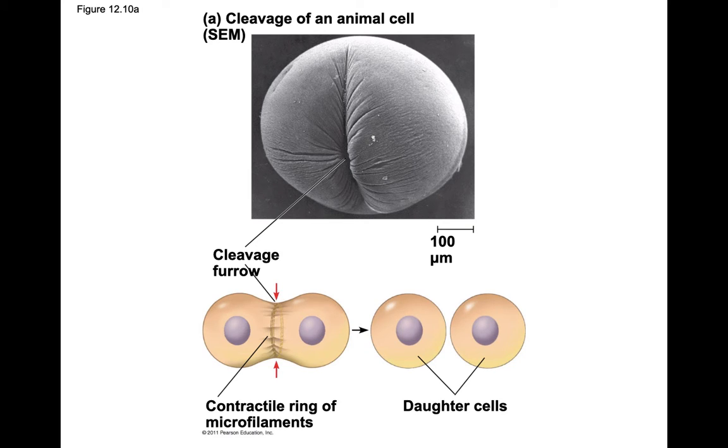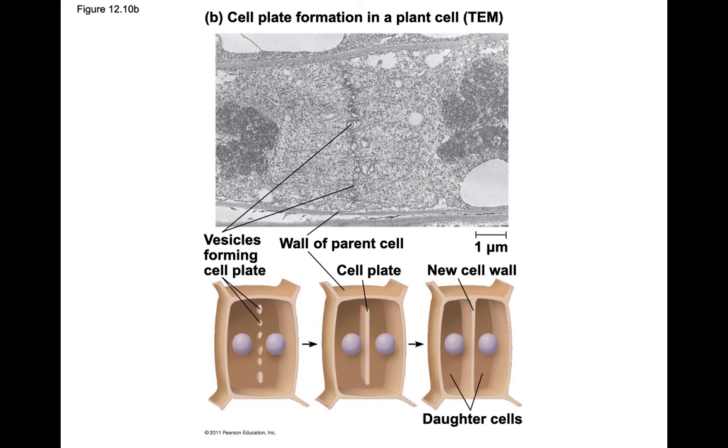This is what a cleavage furrow of a cell looks like, and this is due to a thin band of actin and microfilaments, so proteins sort of squeezing the two sides of the cell almost like a belt until they undergo cytokinesis.